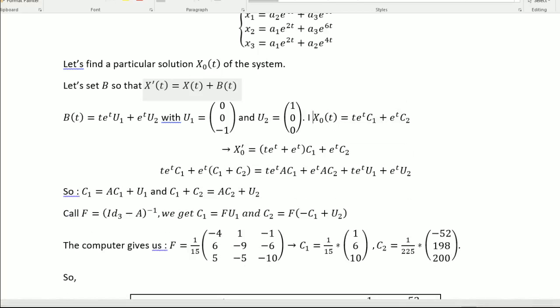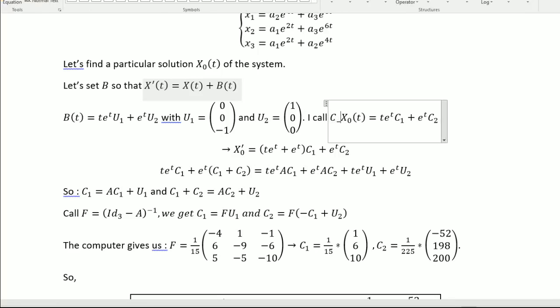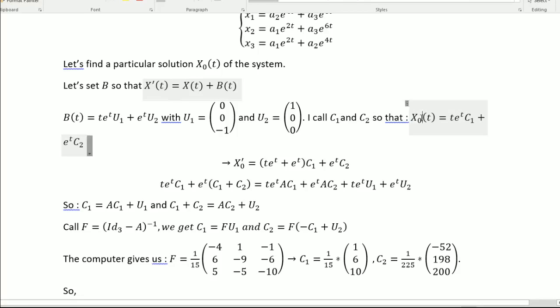So I call C1 and C2, so I know that the generating solution is a span of two orthogonal subspaces, and I know that t exponential t is orthogonal to exponential t, so it's legit to say that the particular solution is equal to this for some values c1 and c2 that we'll try to determine.